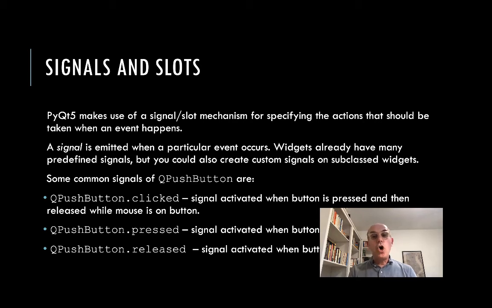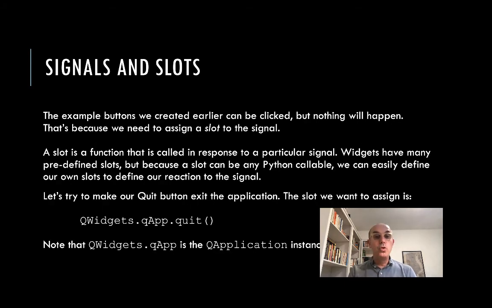The widgets already have many predefined signals, so you can create a customized signal on a subclass widget. Some common signals in a push button are clicked, pressed, or released, and that goes on in any JavaScript that we are able to do.